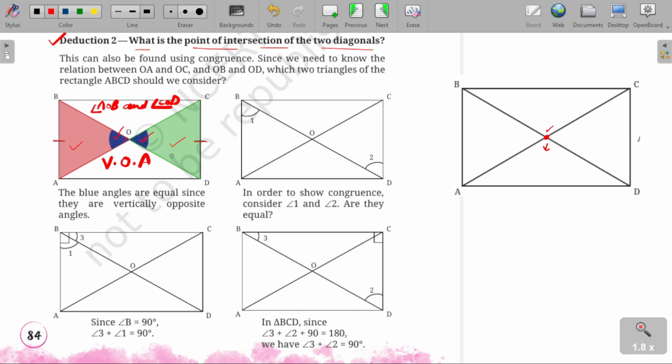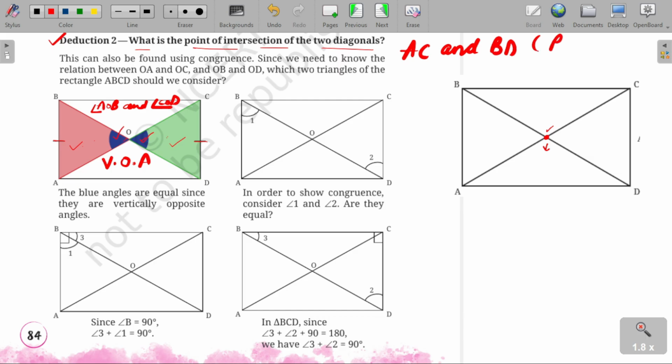To prove this, we are choosing these two triangles and making them congruent, so that we can find out the relationship between the two diagonals, AC and BD.